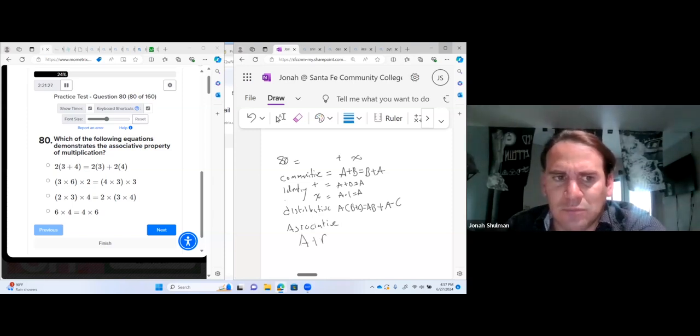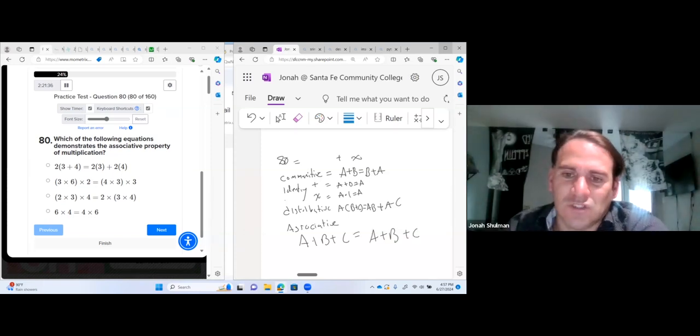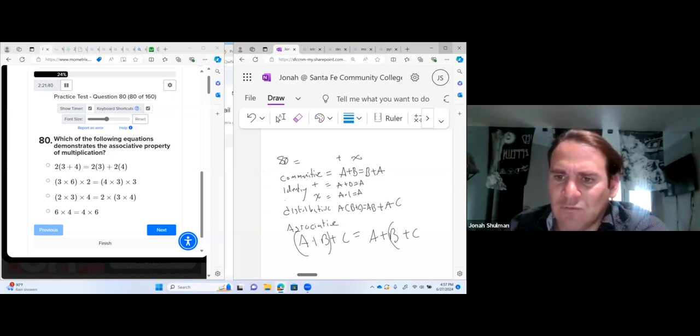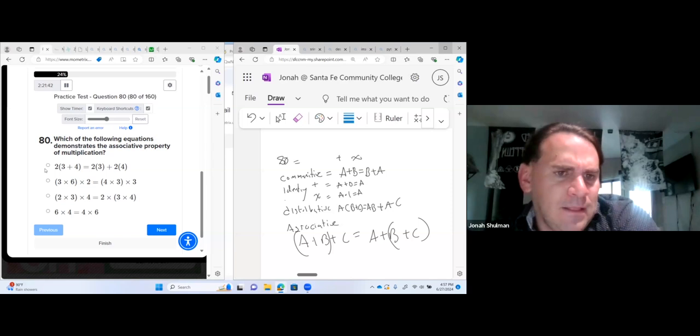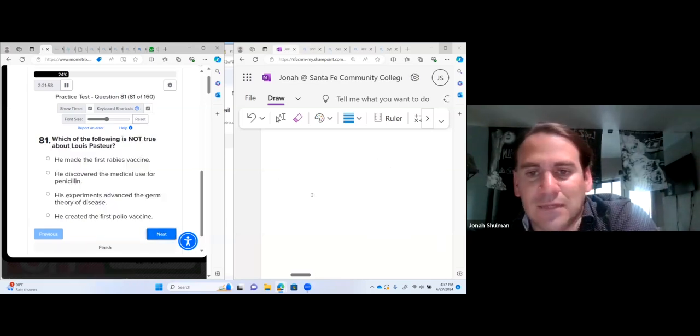So A plus B plus C. This doesn't work with multiplication depending on how it's written. This just means if I have A plus B first, it's the same thing if I group B plus C. So this is the associative property: 2 times 3 times 4, 2 times 3 times 4. And this one's the commutative: 6 times 4, 4 times 6. So 80 is C. And that's the end.